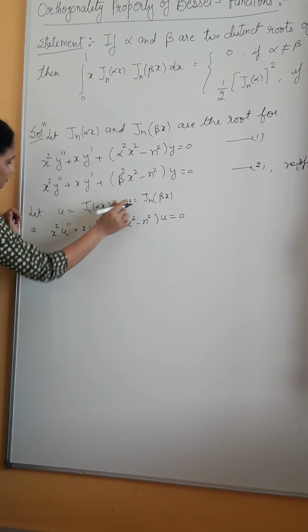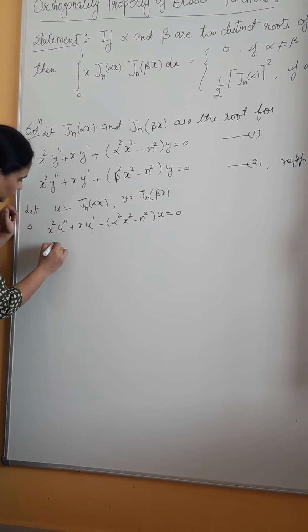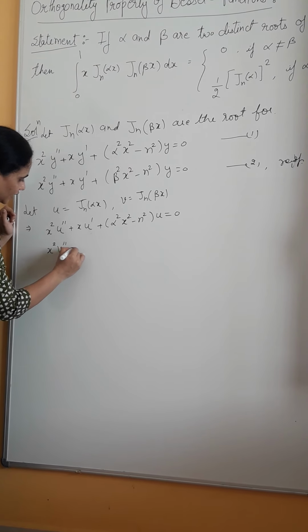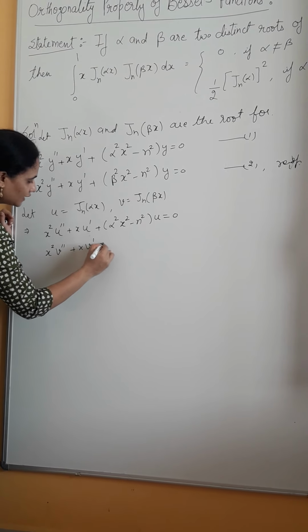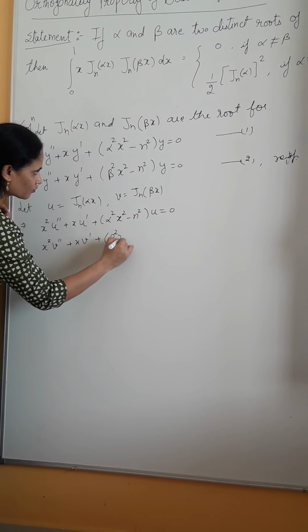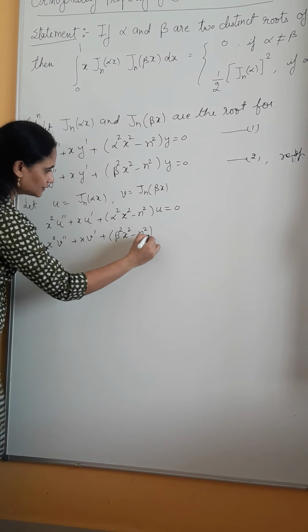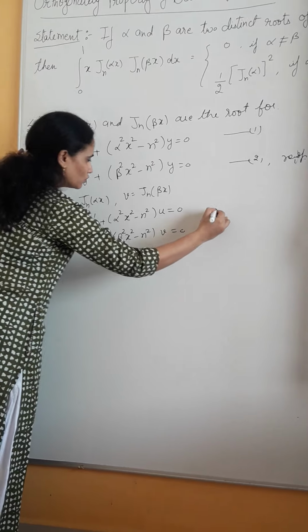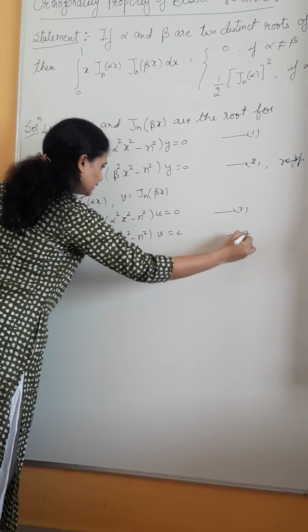And similarly substituting v in the second equation, x square v double dash plus x v dash plus (beta square x square minus n square) v is equal to 0. So this is 3 and this is 4.